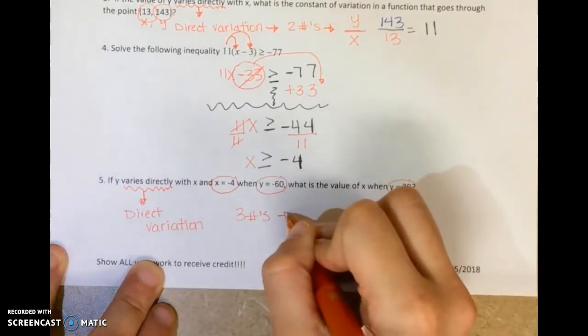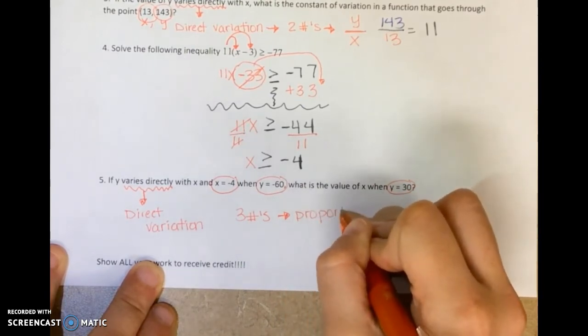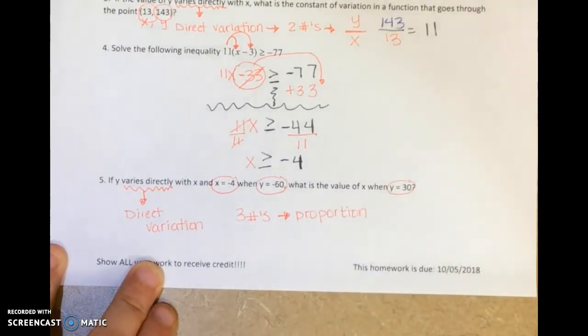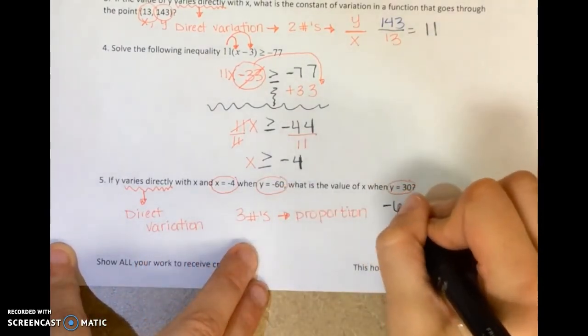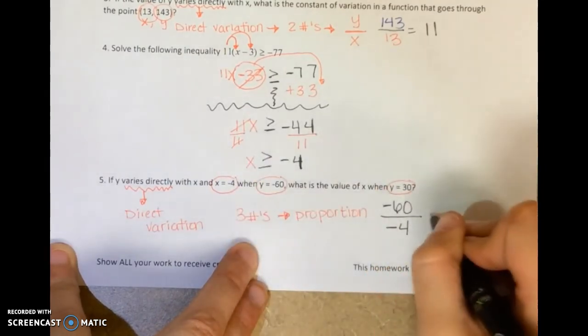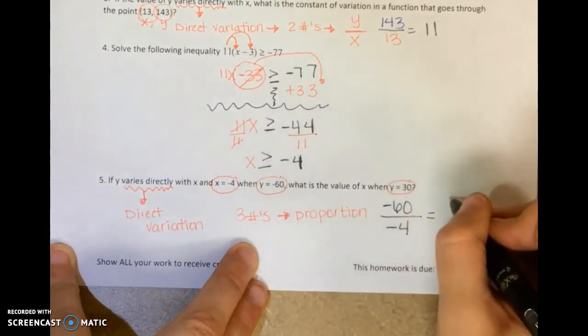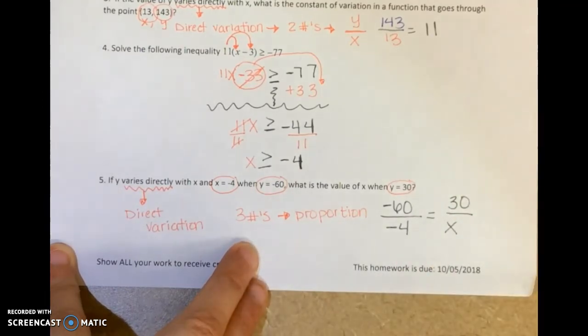That means I have to do a proportion. I like to keep the y on top and then the x on the denominator. So I'm going to start with negative 60 goes with negative 4 equals, that's a y, right? So it goes on top, 30. And this is the x we are trying to find, the value of x.